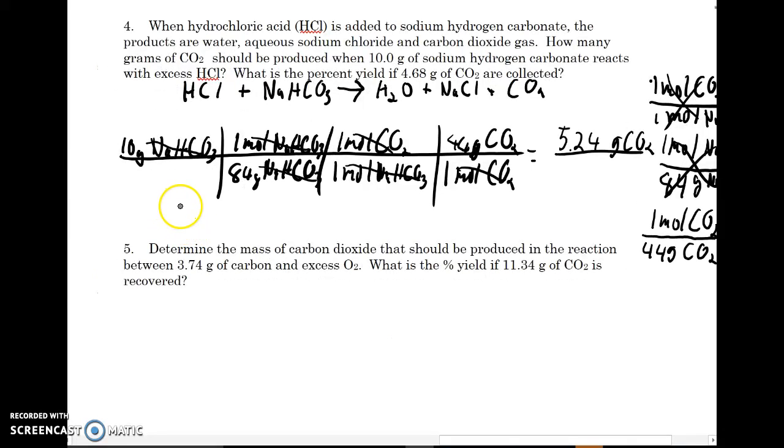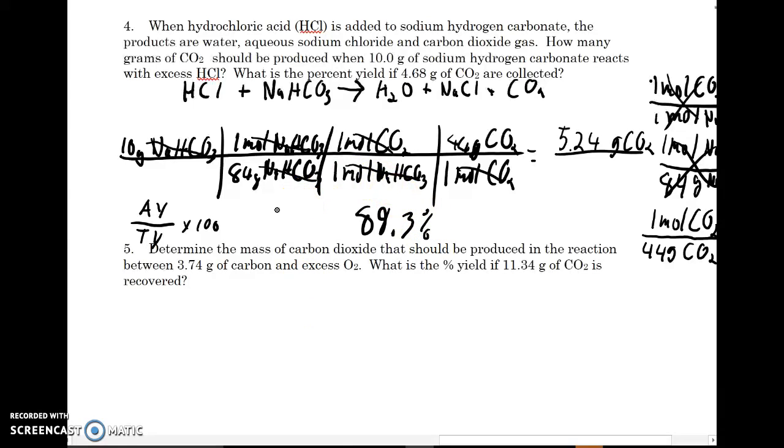So I'm going to use my percent yield equation, which is actual yield divided by theoretical yield times 100. So we've got 4.68 divided by 5.24 times 100, and that gives me 89.3%.